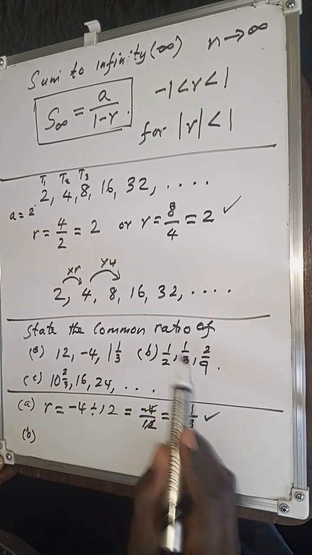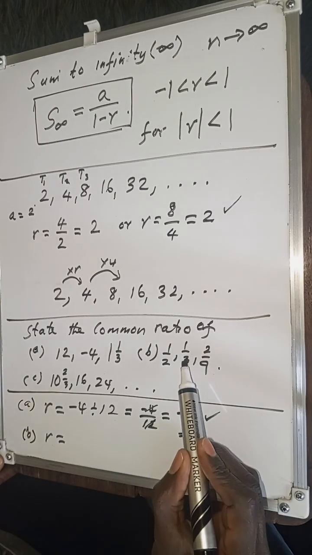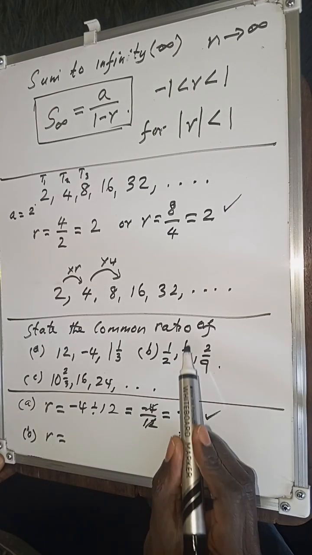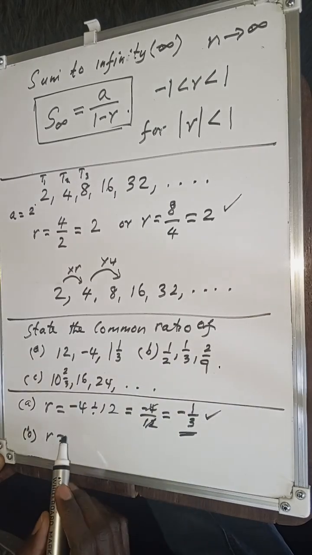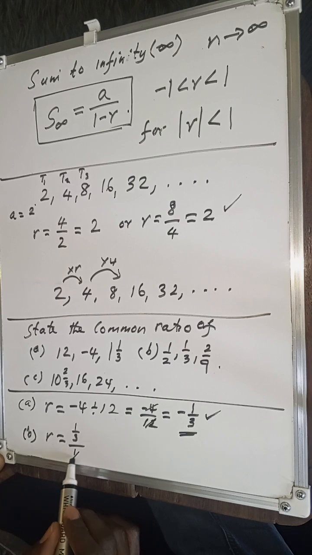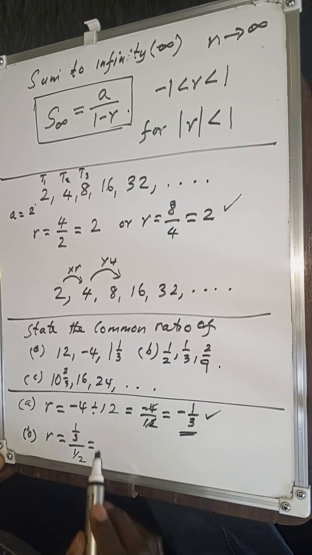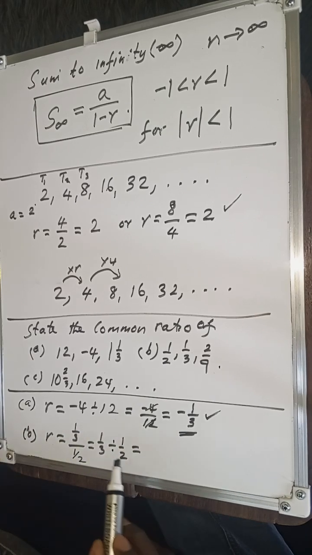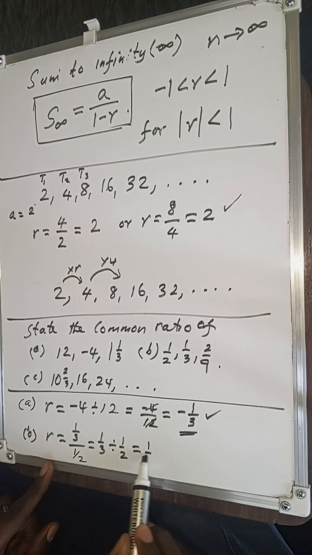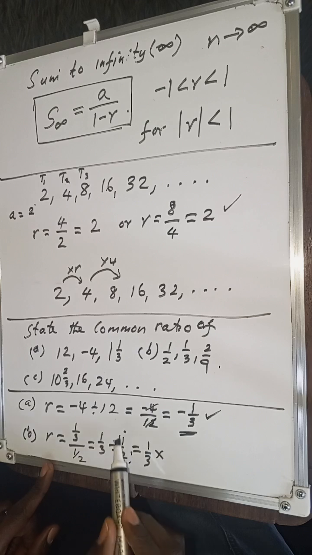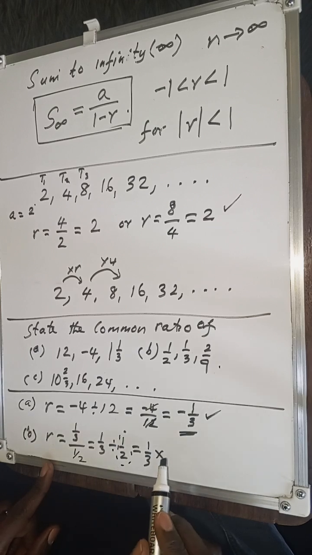B, you have that one again. How do you get the common ratio? We divide a term by the preceding one. So it's like 1 over 3 divided by 1 over 2. Remember, when you change your division sign to a multiplication sign, the number to your right, we exchange: the 2 goes up, the 1 comes to the bottom.